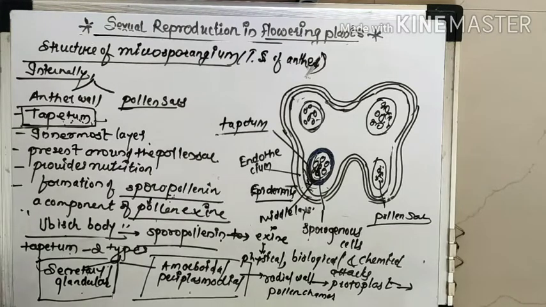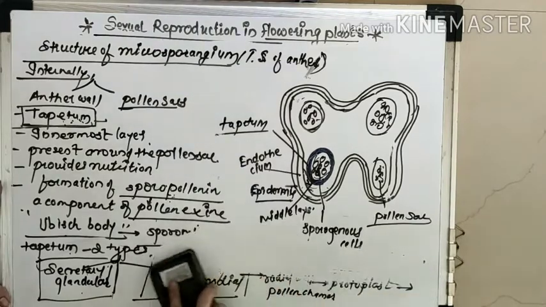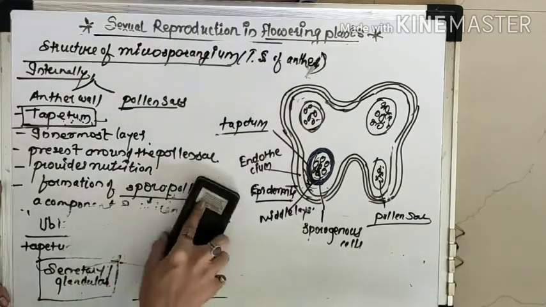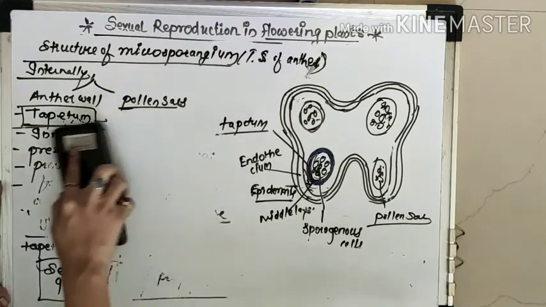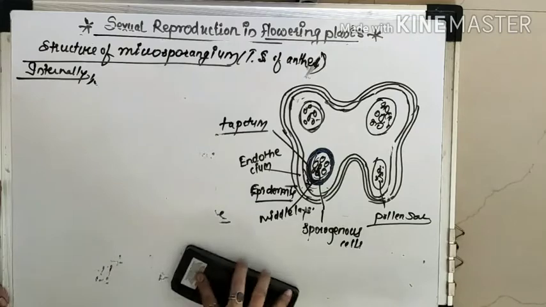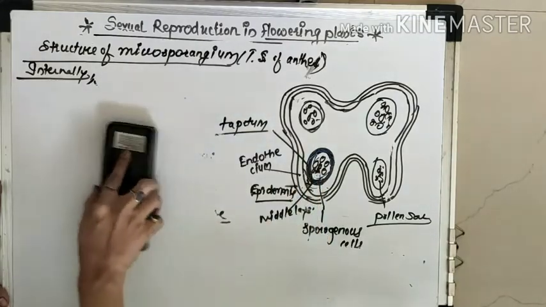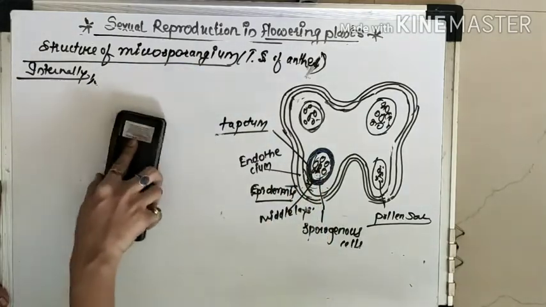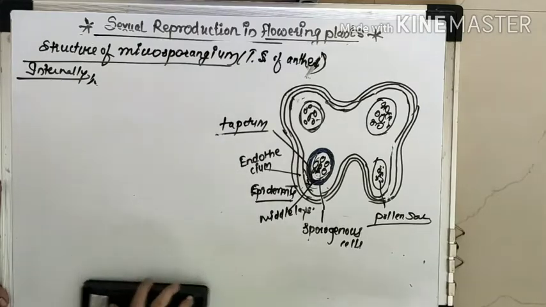So that is about the 4 important layers of anther wall. After these 4 important layers of anther wall, we will study the sporogenous cells. We already know the sporangial cells are present inside the septum.